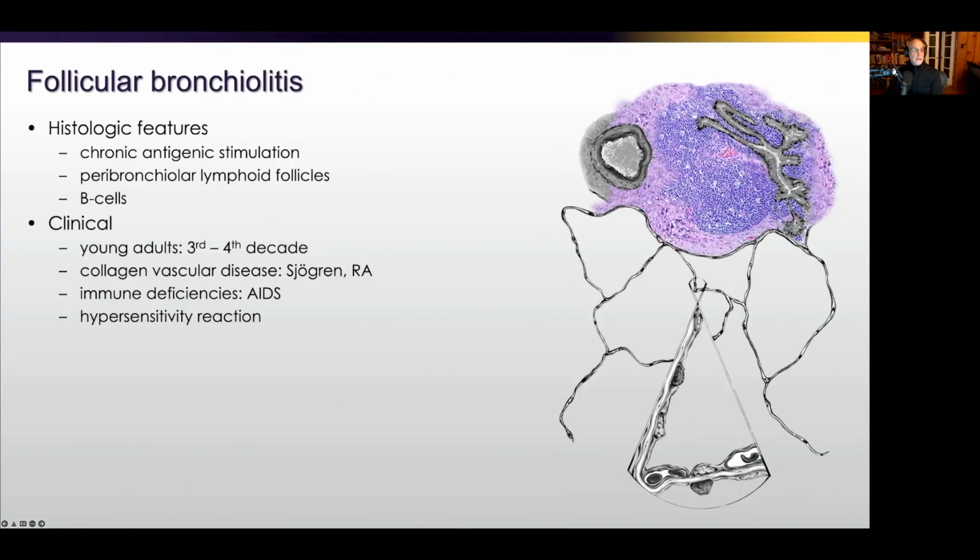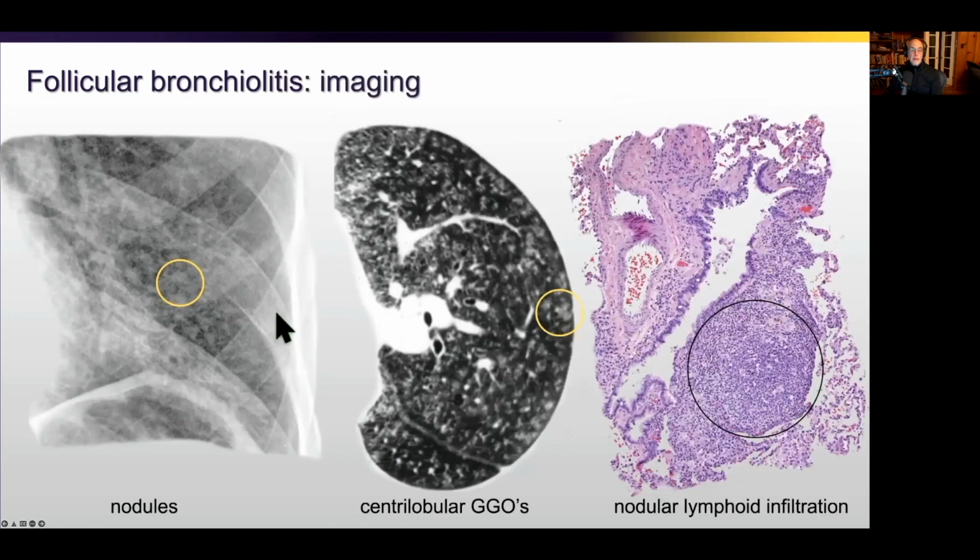Follicular bronchiolitis. This is lymphoid cells which are invading and surrounding the small airways, usually associated with collagen vascular disease, Sjogren's, rheumatoid arthritis, also seen in AIDS, and may be an indication of hypersensitivity pneumonitis. Patients with follicular bronchiolitis have typical imaging in which, once again, we see direct evidence in which the airways themselves are abnormal.